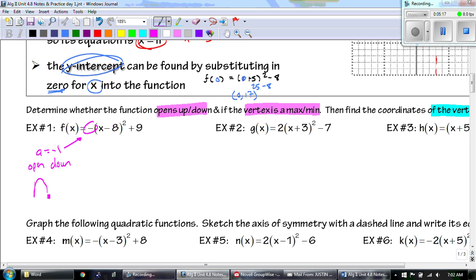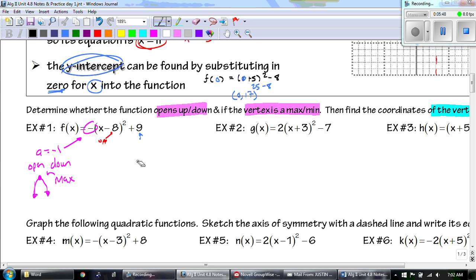So here's my little graph, it's opening down, and if it's opening down, the vertex right there is a max. Okay? And then the other thing that we need is our vertex. What is the vertex? Well, I take the opposite of negative 8, so it's a positive 8, and then my 9 stays the same. So my vertex is (8, 9).